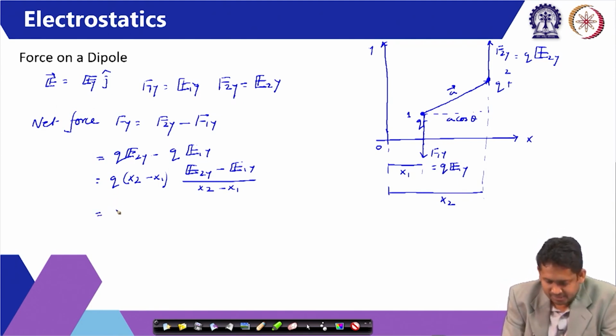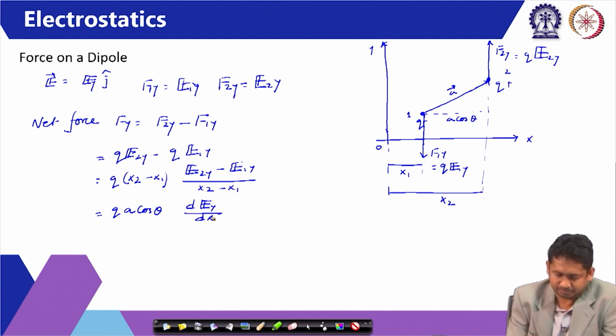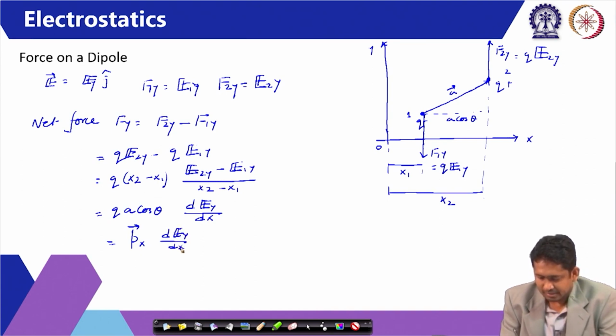So, we can write this as q multiplied by a cosine theta, and if we assume that x2 minus x1 is very small, then this expression can be written as dEy by dx. And now, this q a cosine theta can be written as the x component of the dipole moment vector.